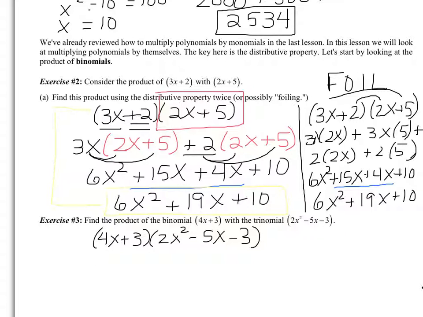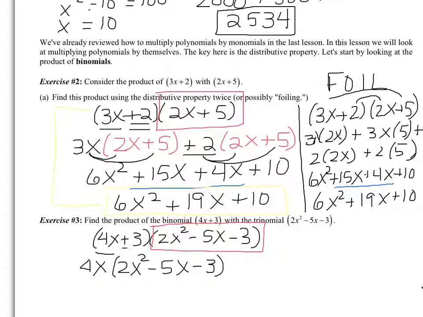So we are going to start as we did before. We're going to start with the 4x, and I'm going to multiply that 4x times the entire trinomial, 2x squared minus 5x minus 3. And again, if it's helpful to you, you may want to box in or highlight what that trinomial is.